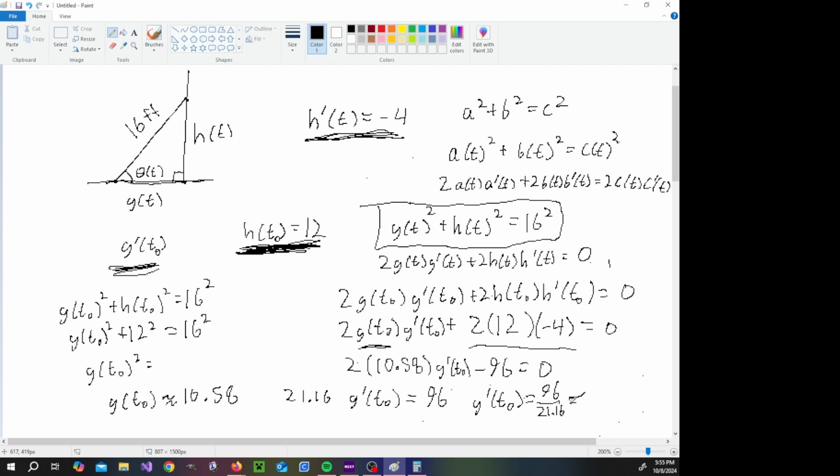So this is about 4.54. That is the worst wiggly equal sign that I've ever seen. About 4.54. And again, because this is a word problem, we need units, and we're working with feet and seconds. That's what the original problem told us.